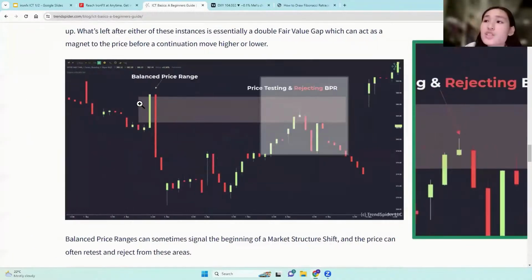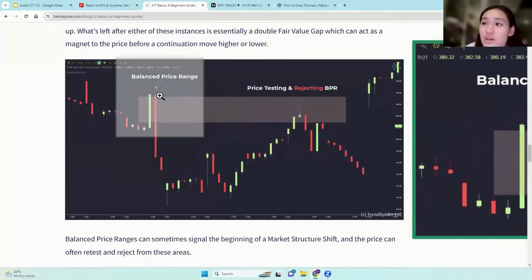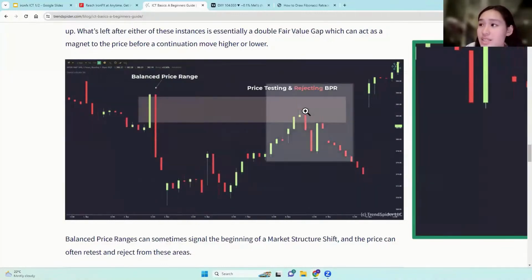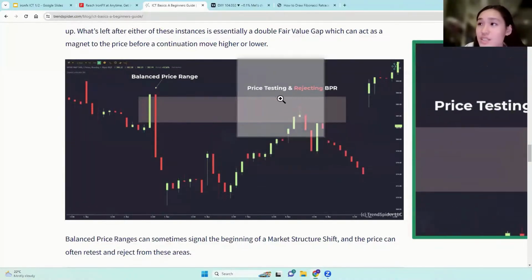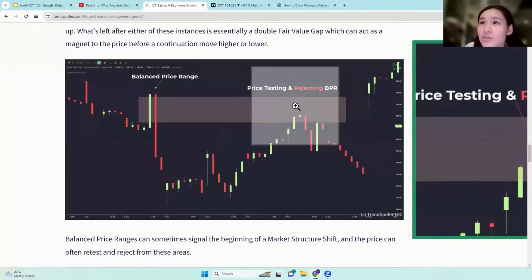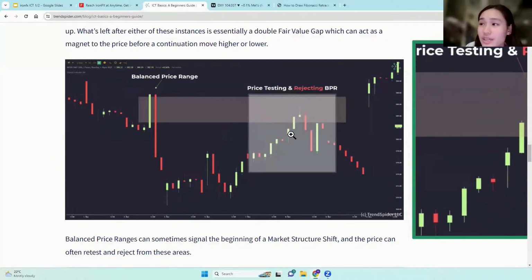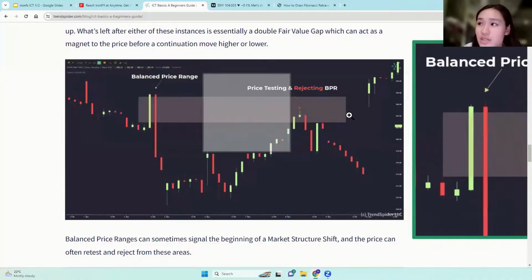Okay, so we have a balanced price range up here, which is essentially where price rebounds off of a resistance level, drops, and then tests that level again. Here it says price testing and rejecting your BPR. If you were here for our support and resistance levels, we're just talking about a double swing high, where price reverses off the same resistance level as before.